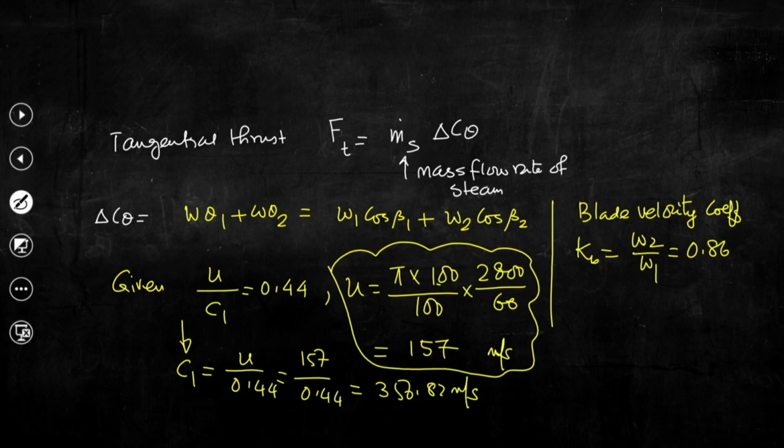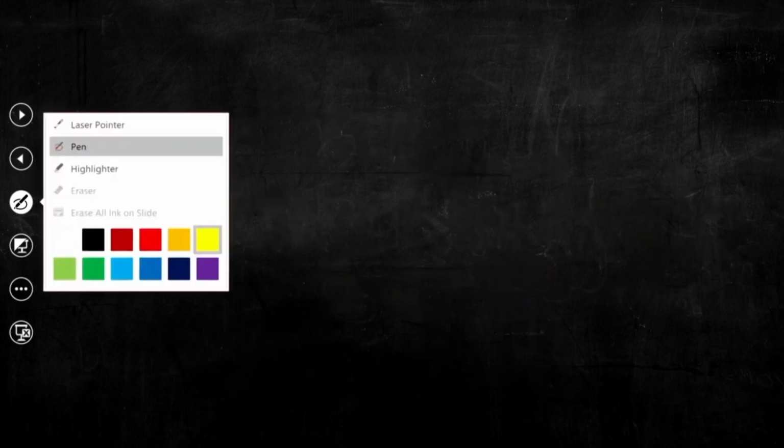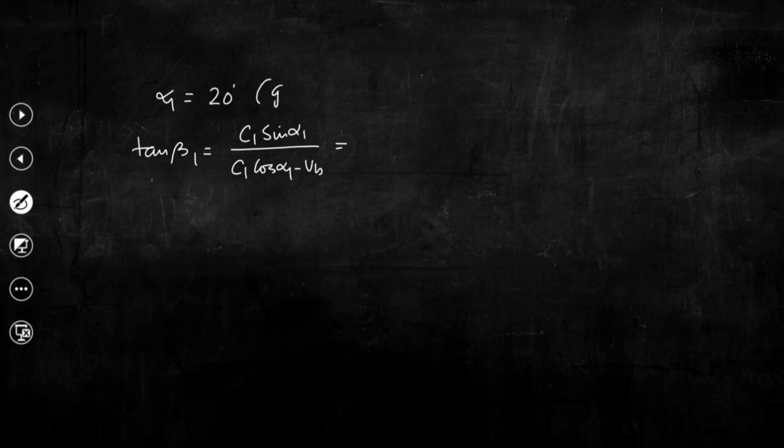Now, we can find beta 1, because that is very important. There are two ways. We will be using this expression to calculate beta 1, because already we have calculated C1, alpha 1 is given, and already we have calculated u. So, tan beta 1 equal to C1 sin alpha 1 divided by C1 cos alpha 1 minus u, with alpha 1 equal to 20 degree, that is given.